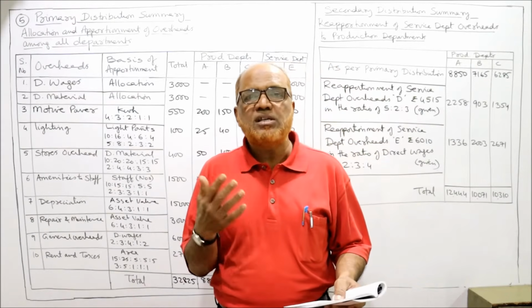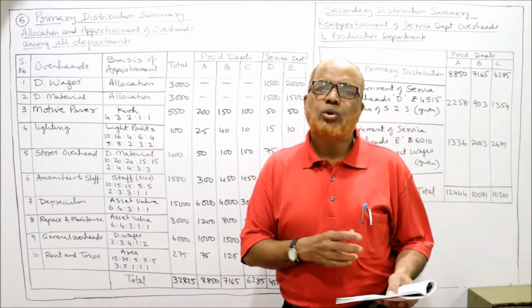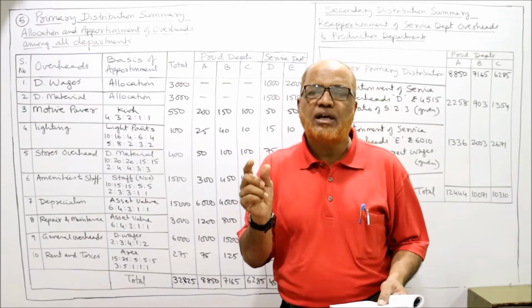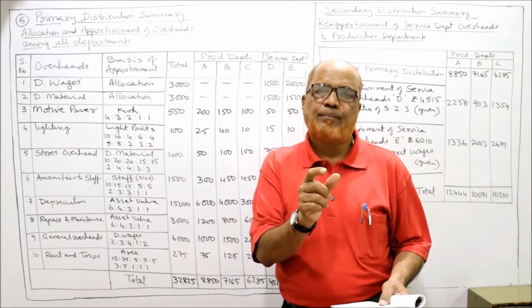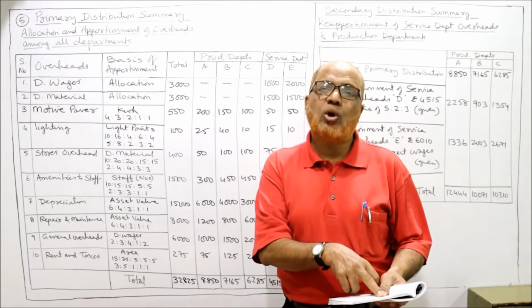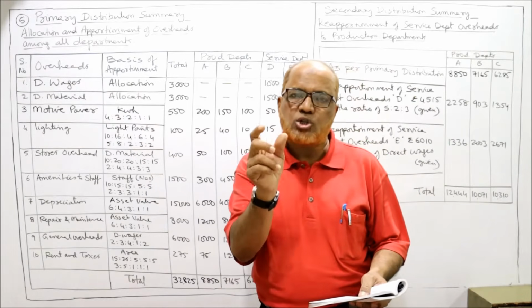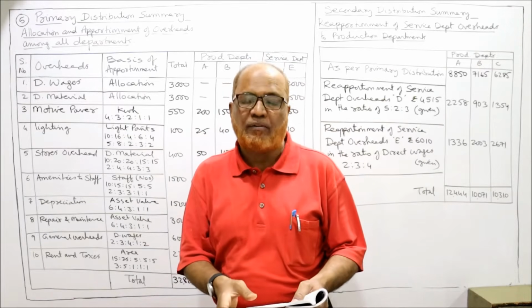Now we need to know what is the basis to be used for distributing this motive power. So motive power will be distributed in the ratio of electricity kilowatt hours. It is given in the problem. So in the ratio of electricity kWh, we will distribute motive power.